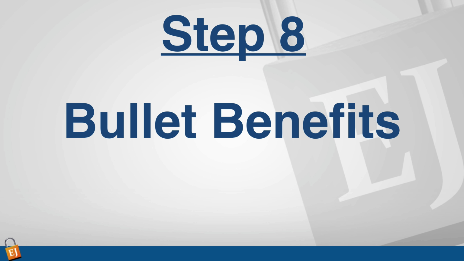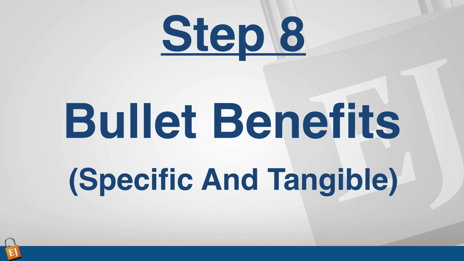Step 8 is to have what I call a master bullet benefit list. This is a list of, again, specific and tangible benefits that a person will experience as a result of using your product. Now, this is really a situation where you have to sit down and brainstorm as many possible good things that can happen to a person as a result of using your product.